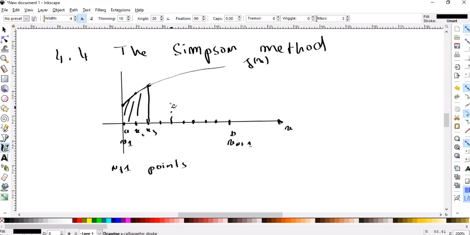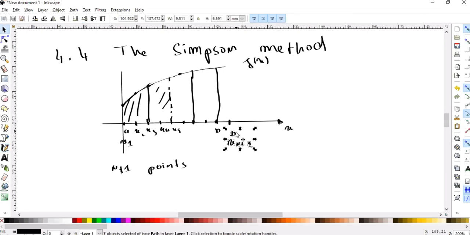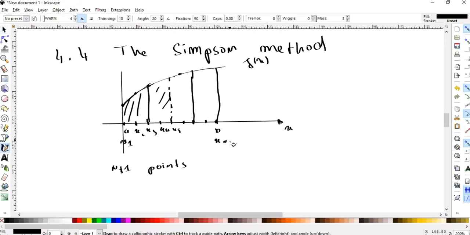So it's the same thing here with x3, x4, x5, etc. Let's stop here, so this is xn plus 1.